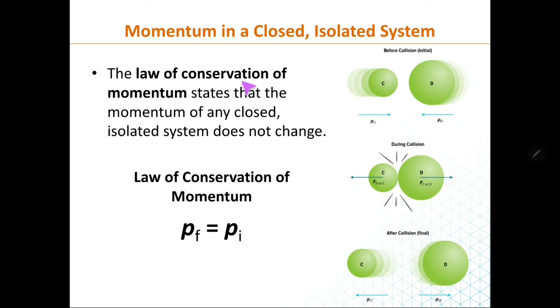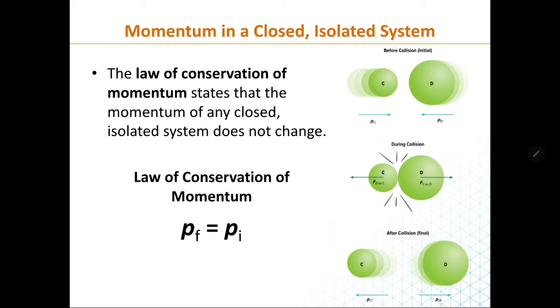The law of conservation of momentum states that the momentum of any closed isolated system doesn't change. And the law of conservation of momentum is P final equal to P initial. That means the final momentum equals the first momentum.